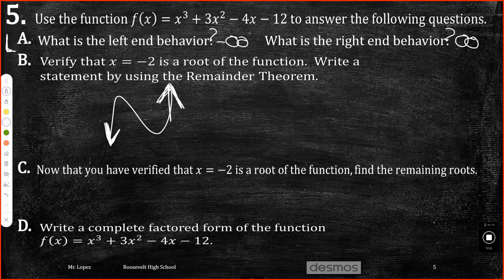Okay, B. Go ahead and write down B. Verify that x equal negative 2 is a root of the function. Write the statement by using the remainder theorem.